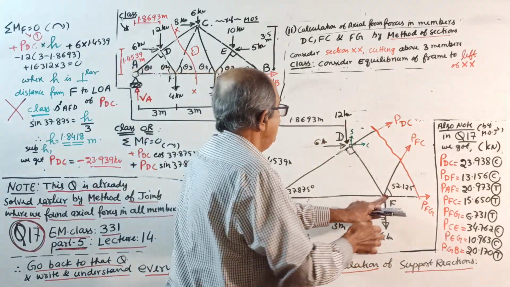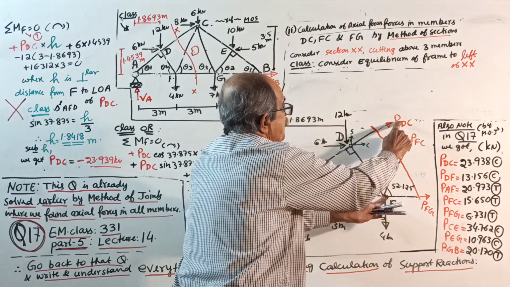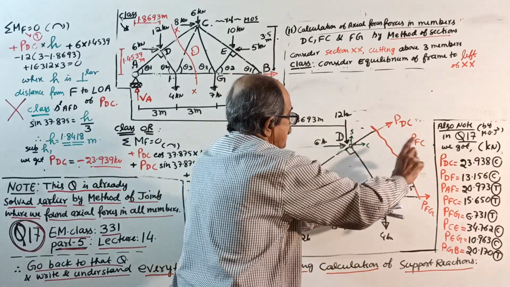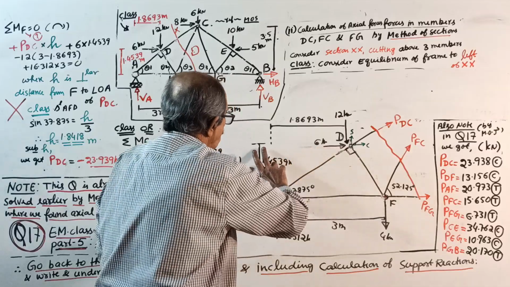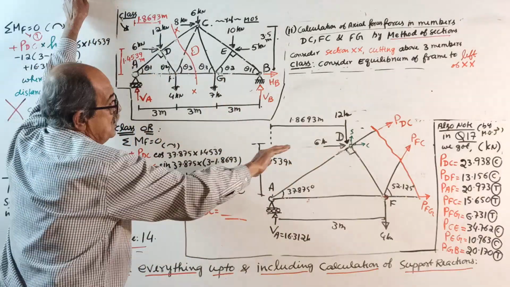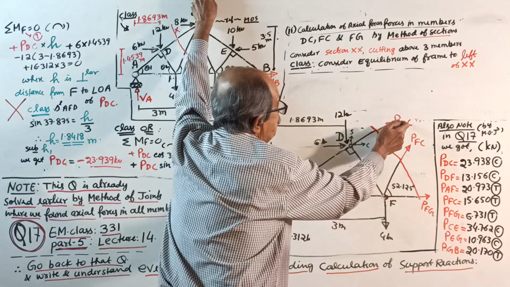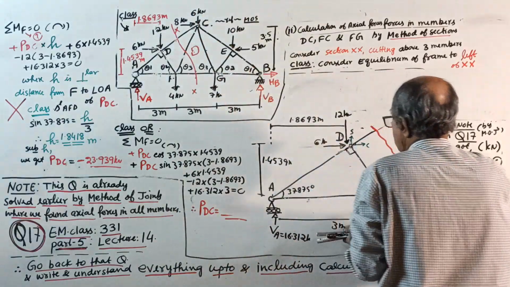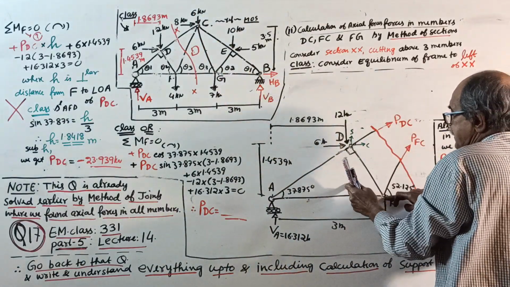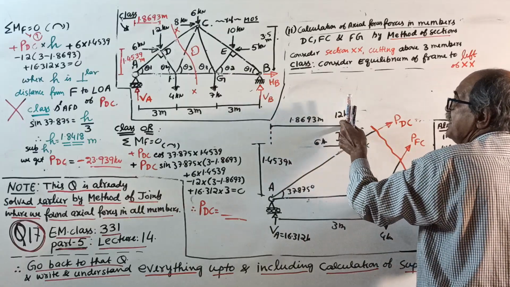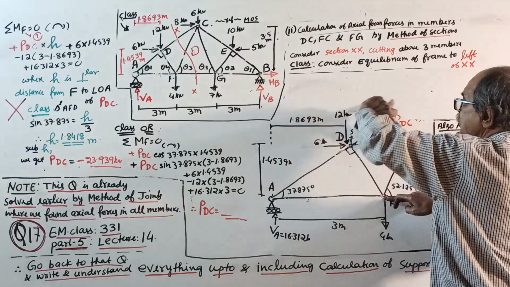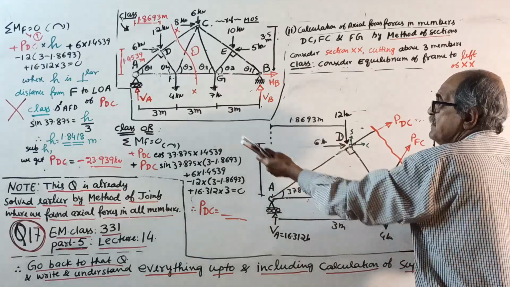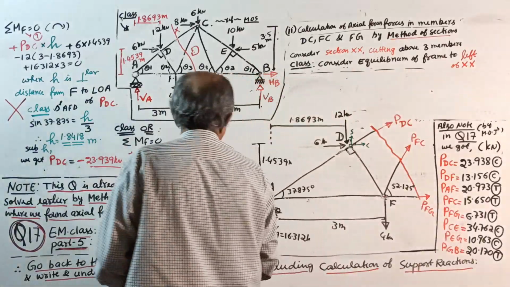Therefore, this component, PDC cos of 37.875 into this height, 1.4539 clockwise, then PDC into sine of this angle, this component into this distance, 3 minus this distance, then the remaining same, plus 6 into this height, minus 12 into this distance, same as last time. Substitute, you will get PDC.